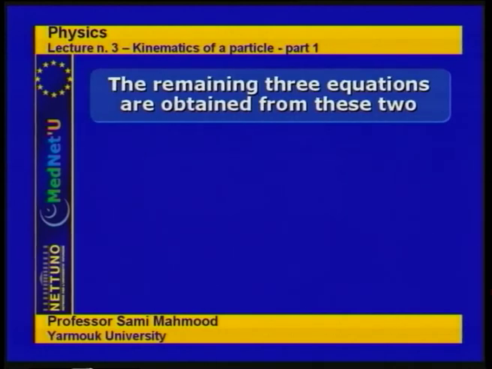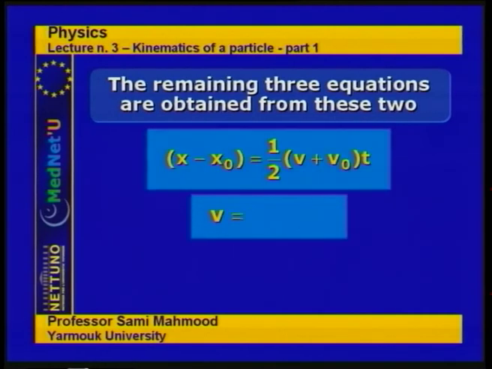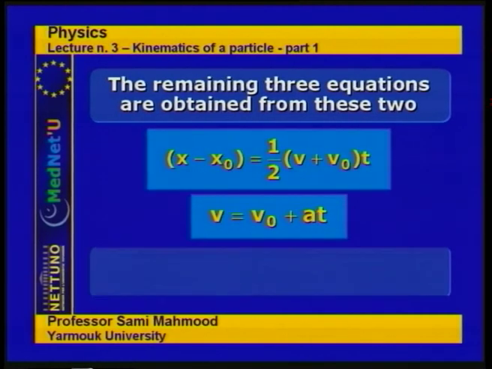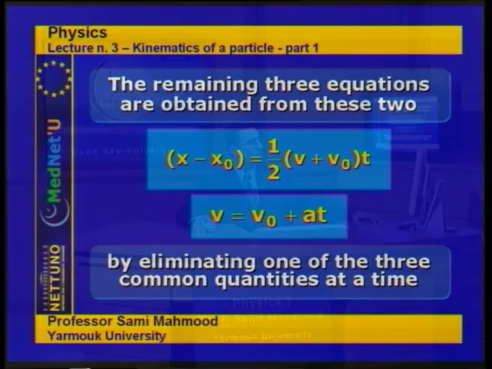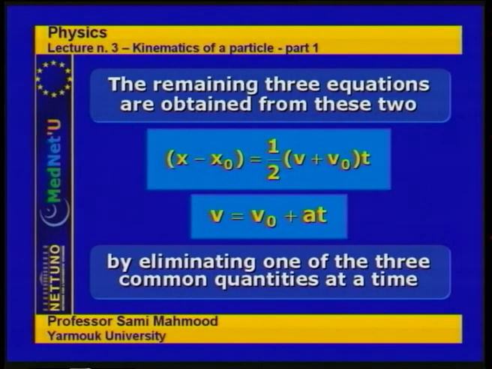The remaining three equations of motion can be found by simply eliminating one of the three common parameters between these two equations at a time. Notice that these two equations we just derived have three common parameters between them: one of them is the final velocity v, one of them is the initial velocity v naught, and the third common parameter is simply time t.